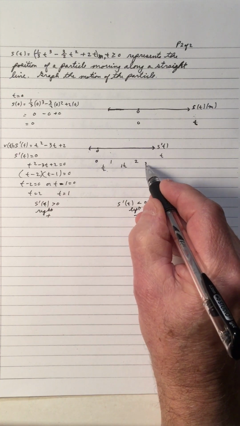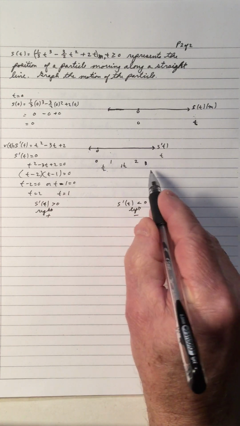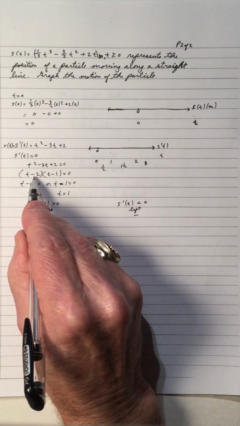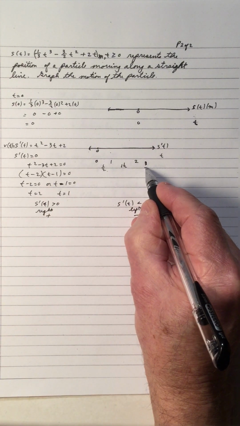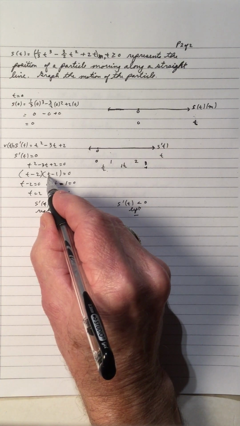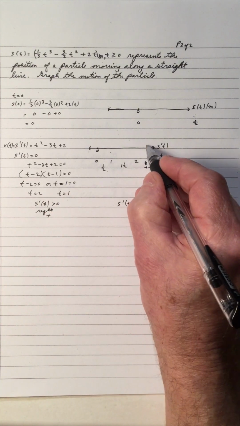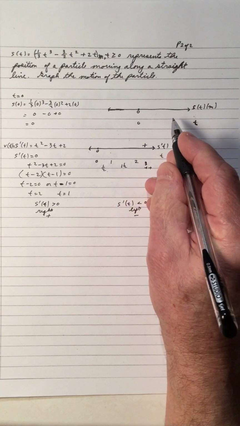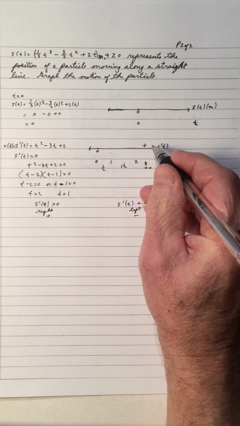So at 3, we take a 3 and plug it in here. A 3 here is a plus. A 3 here is a plus. So that means the derivative is positive, so it's moving to the right.